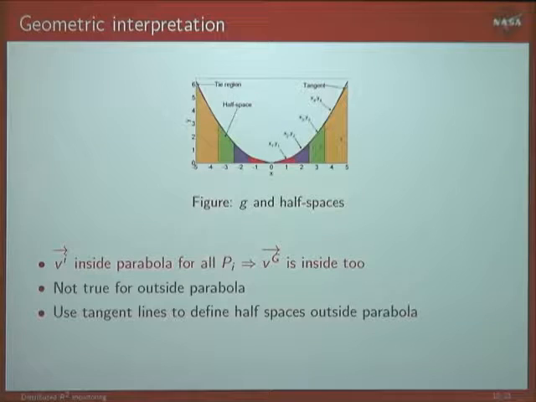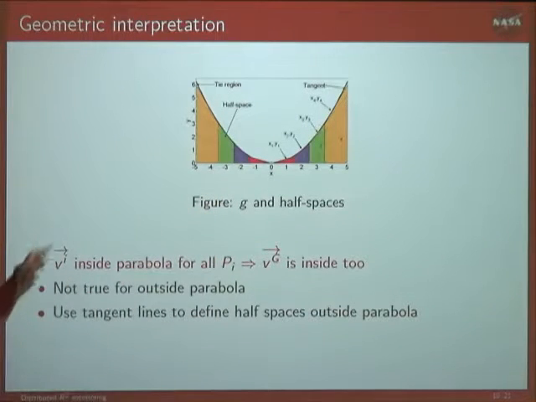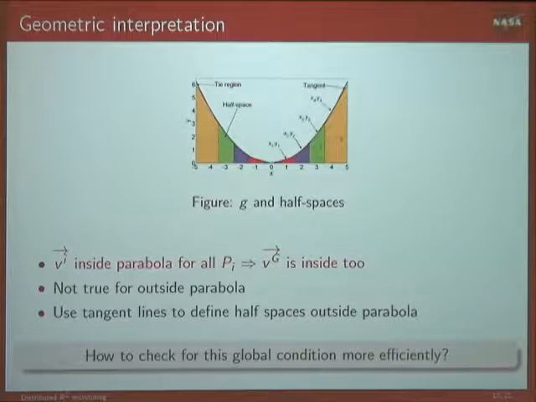But this is not true for any point outside the parabola, because the outside of the parabola is by definition not convex. So what you can do is draw half spaces, approximate the parabola using some of these half spaces, and then apply the exact same thing. If all of the Vi's lie in a particular half space, then Vg will also lie in the same half space. That's the geometric interpretation of the problem.